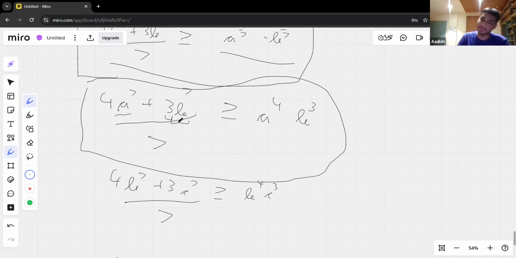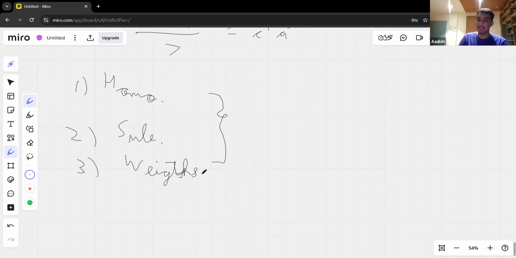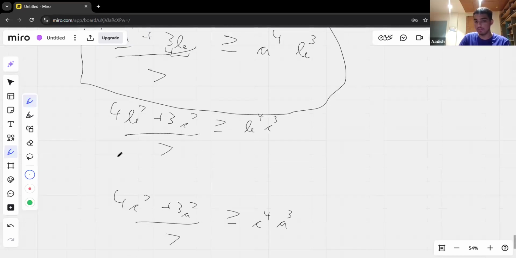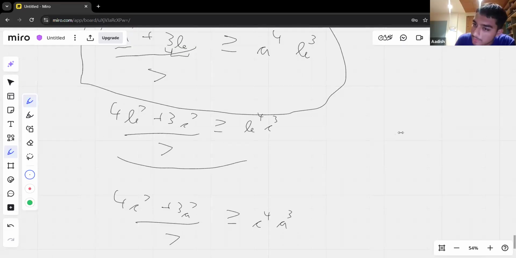But the names don't matter. As some people have suggested, you can generalize this to weighted AMGM, which you don't really have to. You can always just do these kinds of things, although you can just learn the result also. Probably put that in the P set.